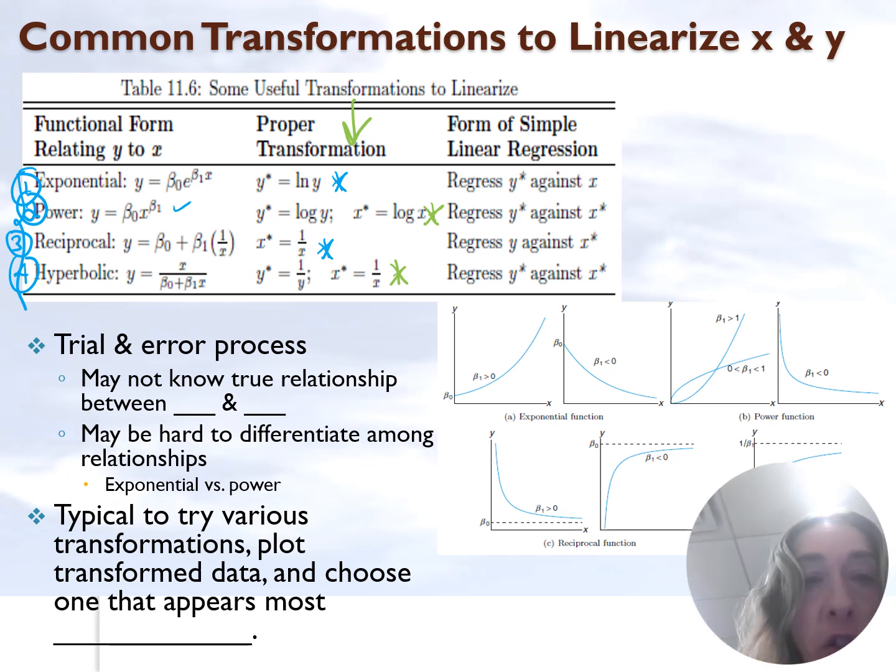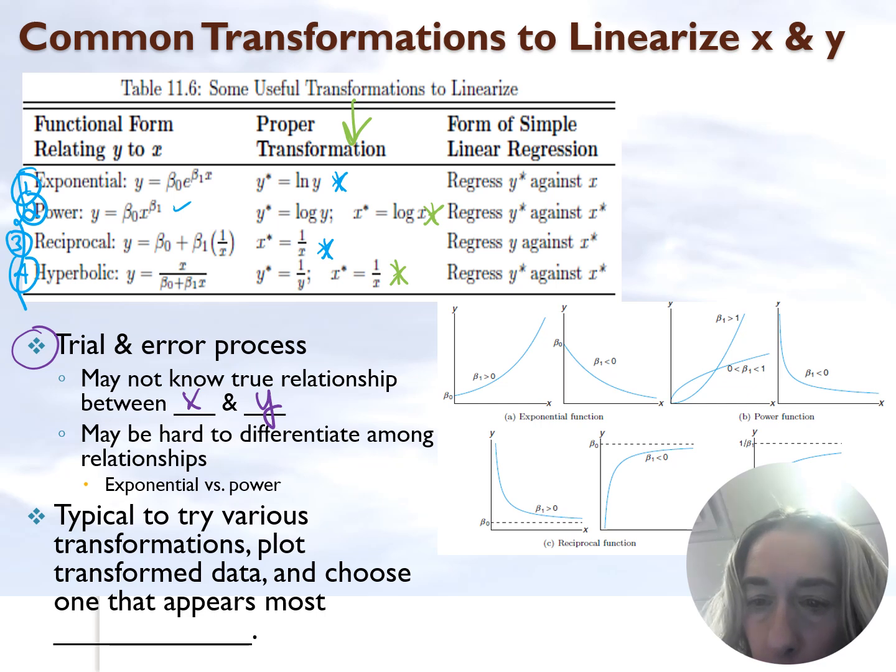The thing with transformations is it's actually quite a trial and error process, for a couple reasons. You may not know the true relationship between X and Y, so you don't really know which functional form holds. Is it exponential? Is it power? Is it reciprocal? Is it hyperbolic? Is it something else? In addition, it may be hard to differentiate among the possible relationships.